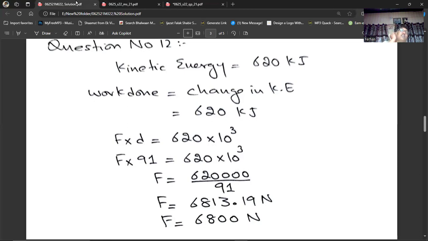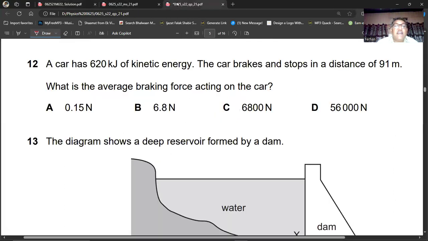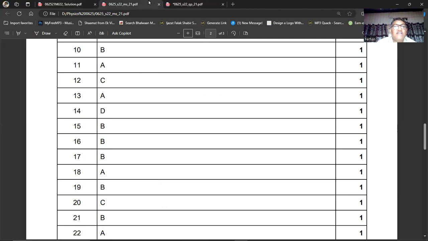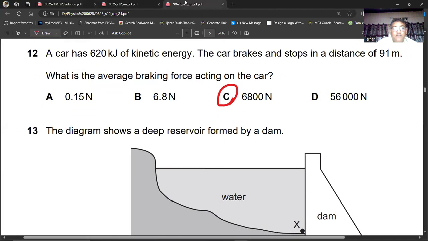I have converted the kilojoules into joules. So F will be equal to 620,000 divided by 91, and that is 6813.19 Newton. In two significant figures, it will be 6,800 Newton. I think C is the choice. Question number 12, C is the right choice.